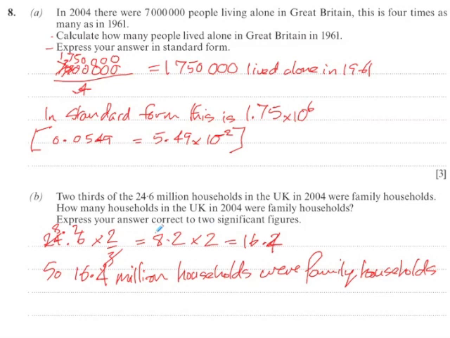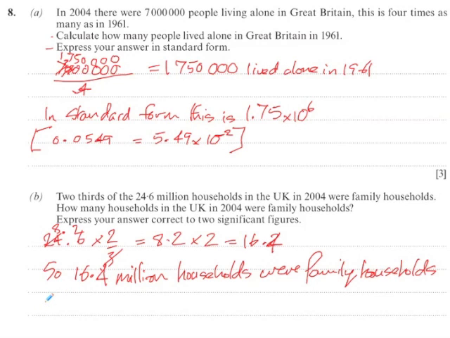Now we're asked to express the answer correct to two significant figures. So with significant figures, you tend to ignore the zeros. In this case, you wouldn't. There are no zeros at the front anyway.